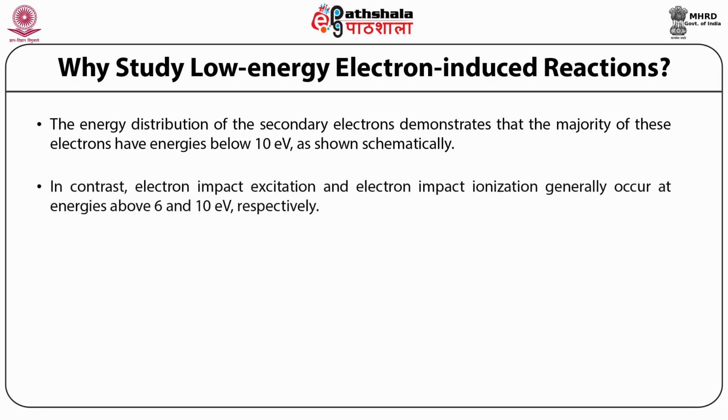In contrast, electron impact excitation and electron impact ionization generally occur at energies above 6 and 10 electron volt respectively.